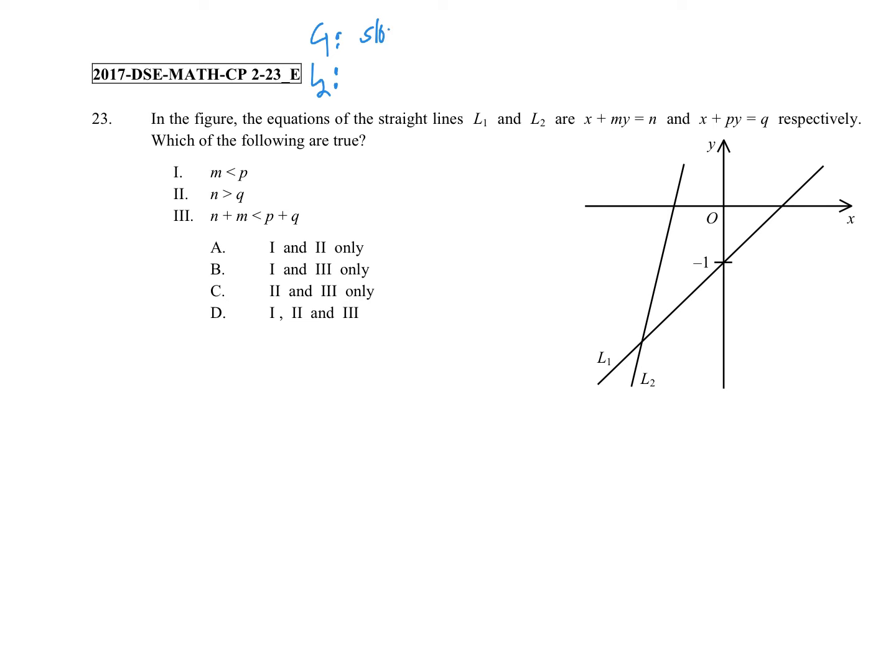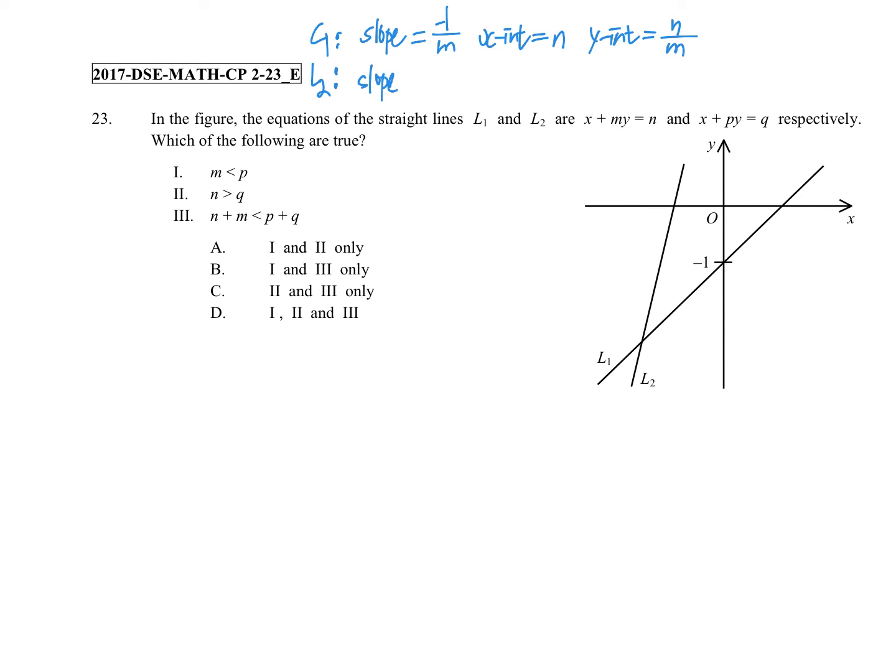So the slope first, so that will be -1/m. And then for the x-intercept, that'll be just n, and then y-intercept, n/m.